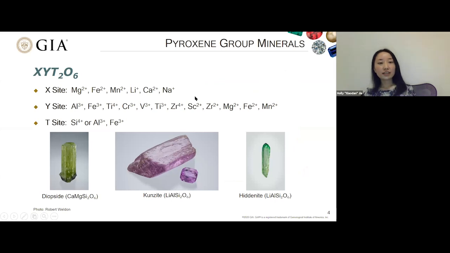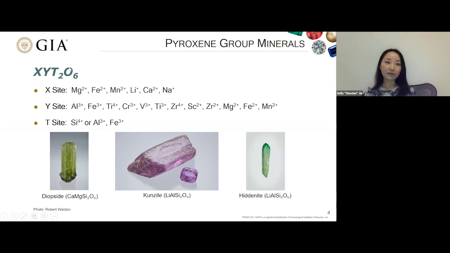So as mentioned, jadeite is a pyroxene group mineral. Pyroxene is a very large mineral group, and besides jadeite, some other gemstones like diopside, kunzite, or hiddenite also belong to the pyroxene family.